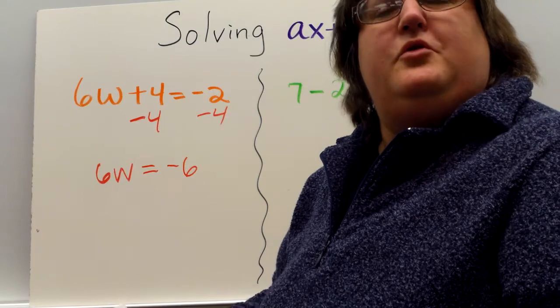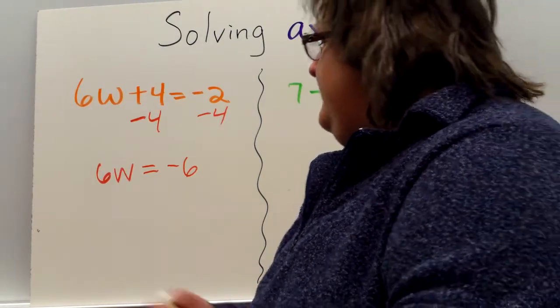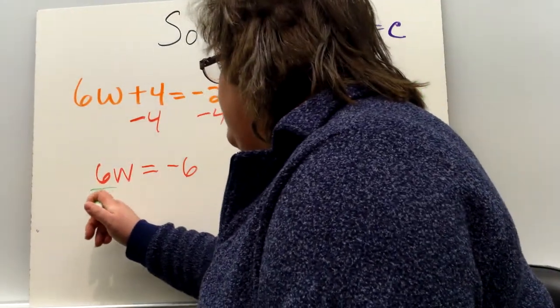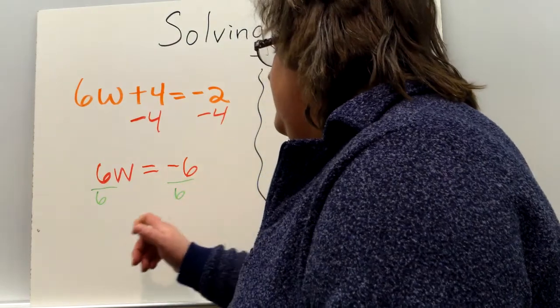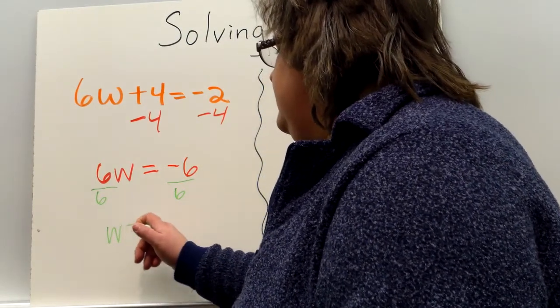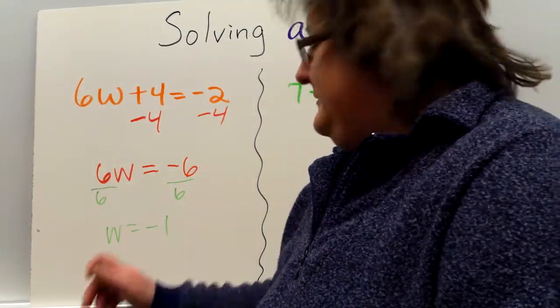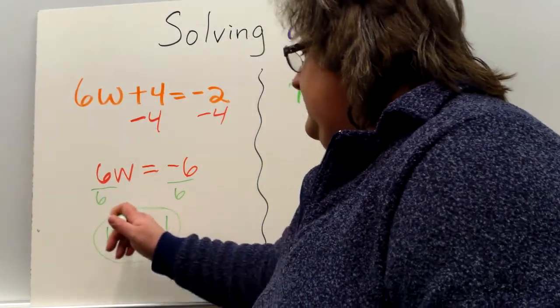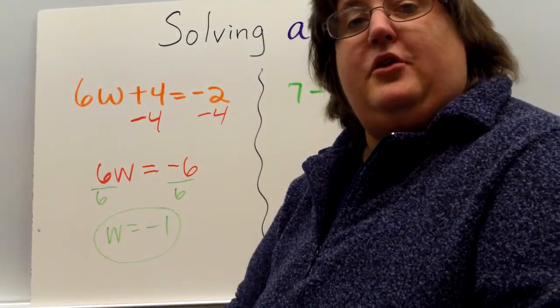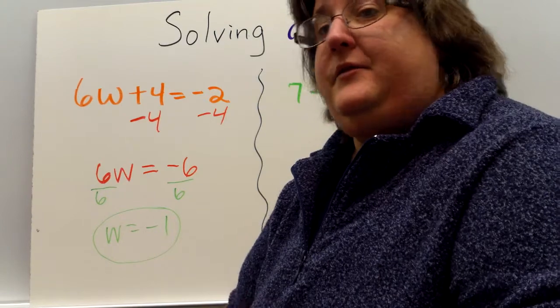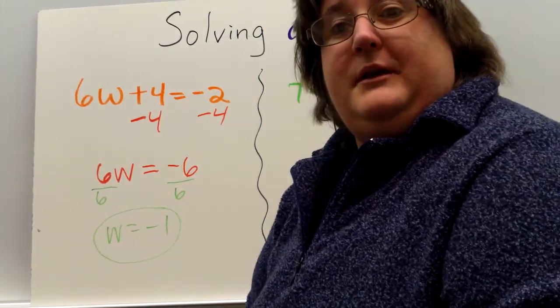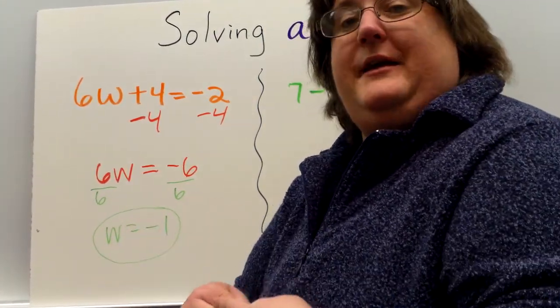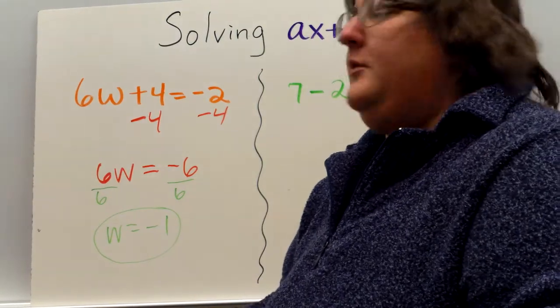We don't want 6w, we want just one of them. And therefore, we can divide both sides by 6. So we're taking our two skills that we had earlier, being able to use the additive inverse and the idea of that multiplicative inverse, using them together now in one particular problem.